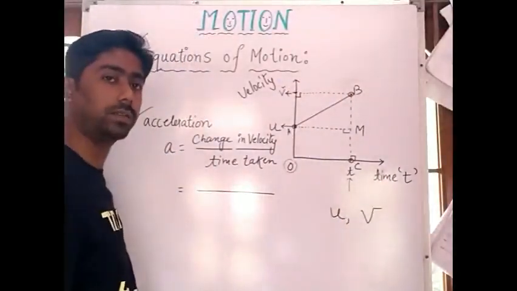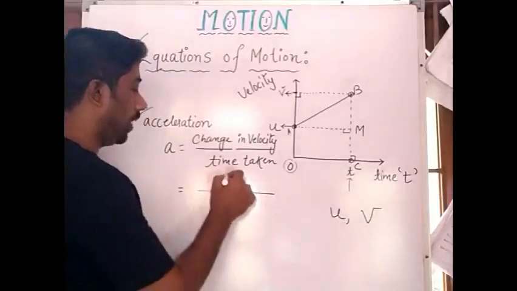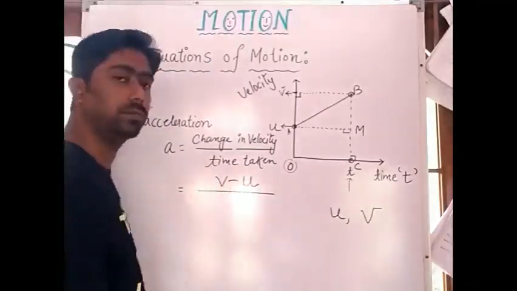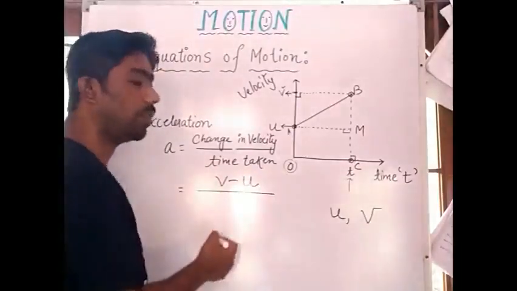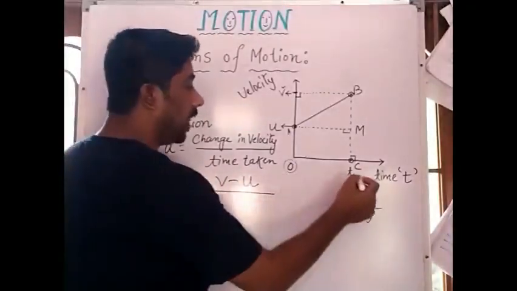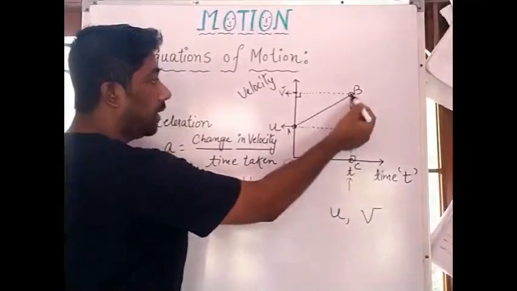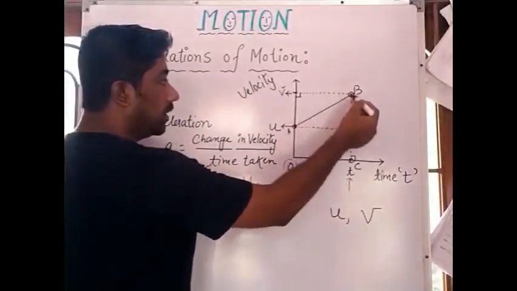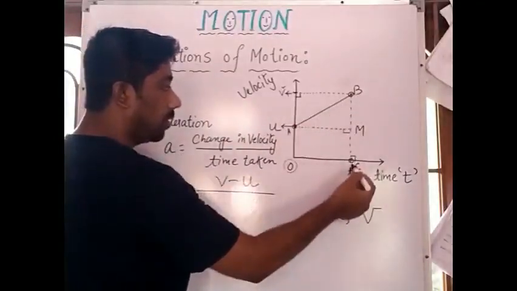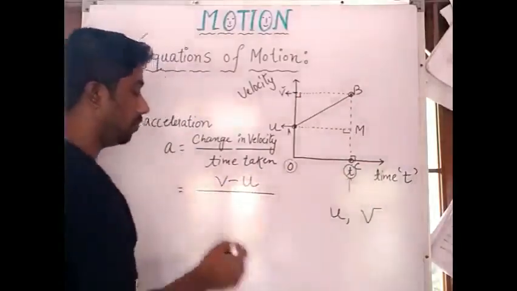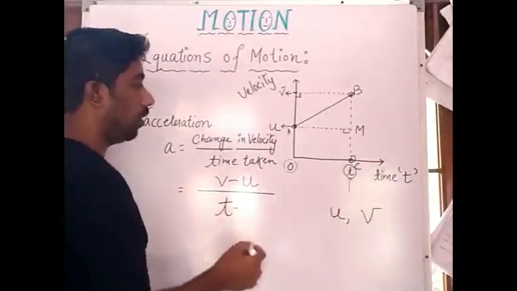So the change is what? Final minus initial, v minus u. How much time is taken for this? You can check from here. For this velocity, this is the point. Drop down here and you get the time.